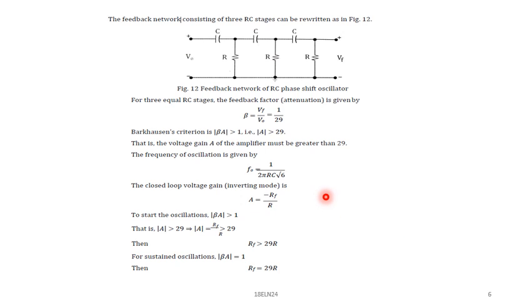It will provide a 180 degree, 90 degree plus 180 degree, that is a 360 degree phase shift. And the second condition is A into beta should be equal to 1. So this is called an RC oscillator because in the feedback network you are using R and C elements, and it will generate a frequency in the audio frequency range.